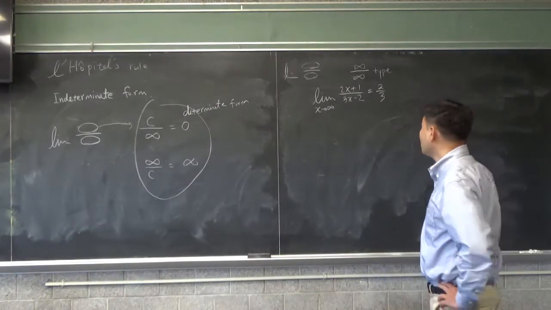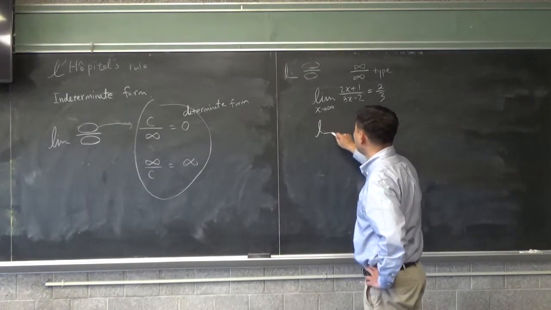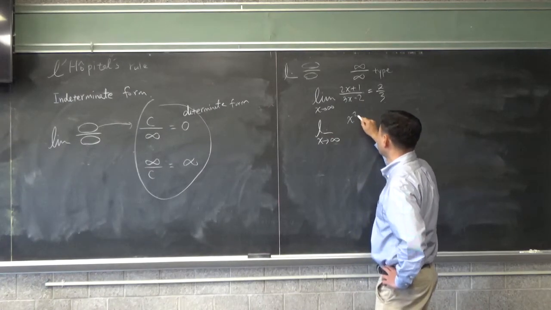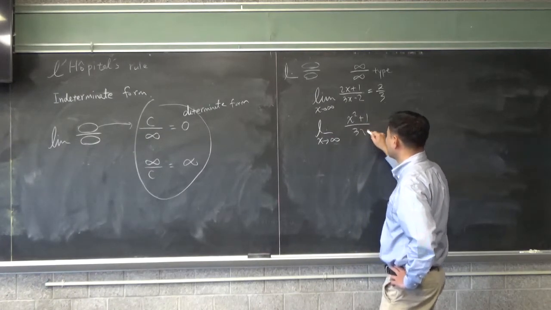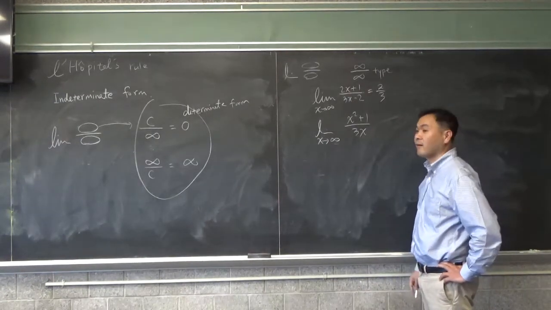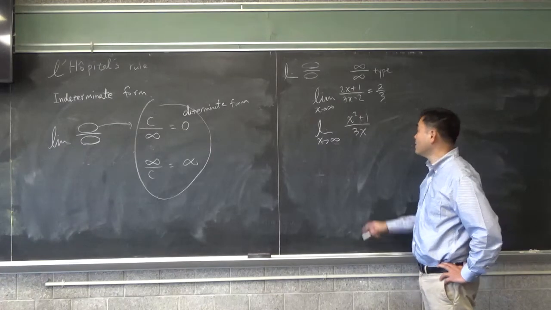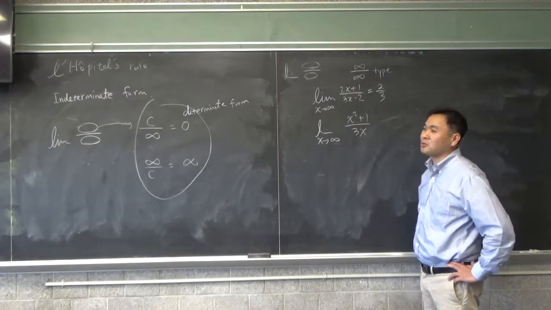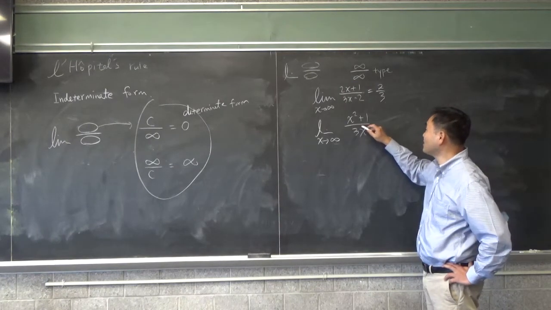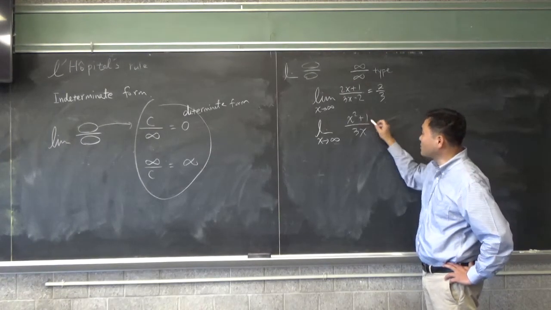What about the limit as x goes to infinity of (x squared + 1) over 3x? What's the limit? You're not using L'Hôpital's rule yet. Just by investigating, what's the limit?